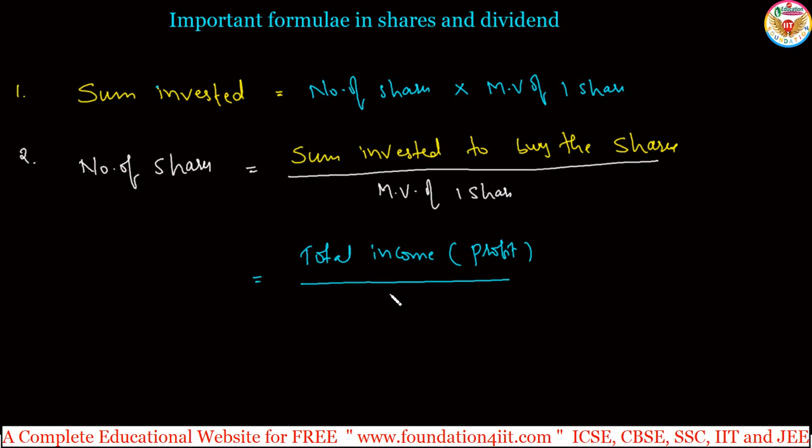So total profit by profit on one share, or total income by income on one share. No need to get confused here. Two ways we can solve.